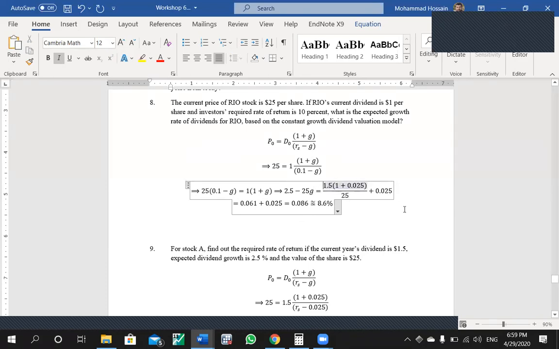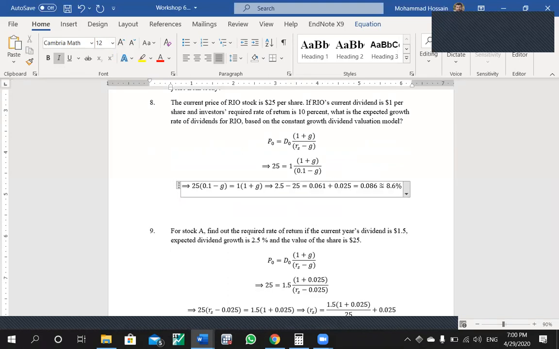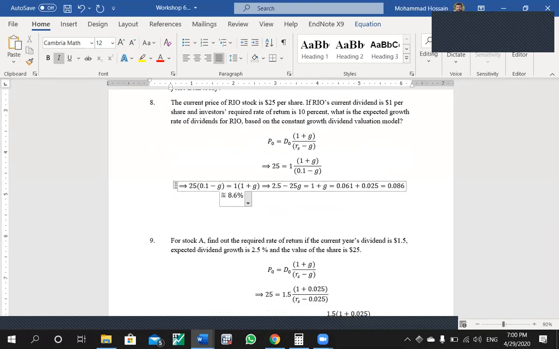So let's delete this out. It's equal to 1 plus G. That's it. So how much do you get?